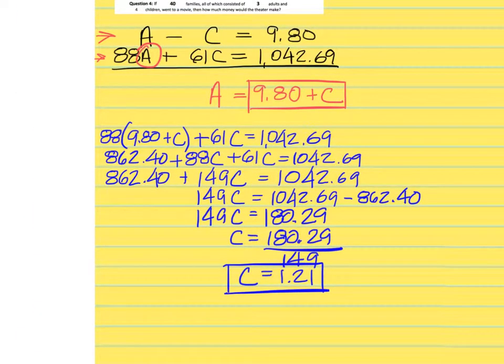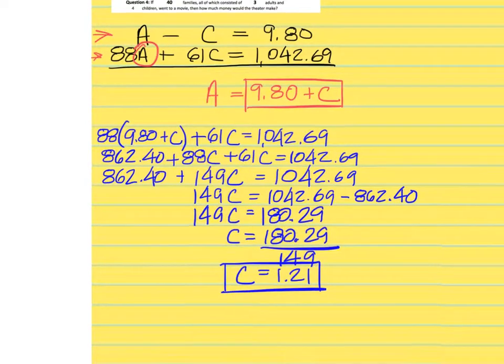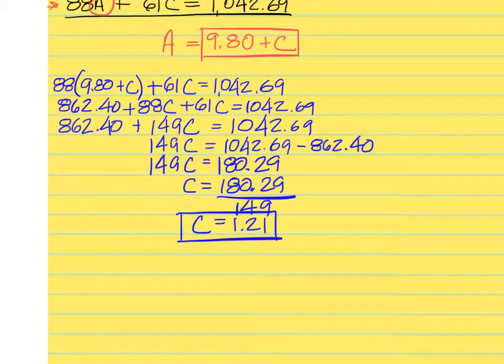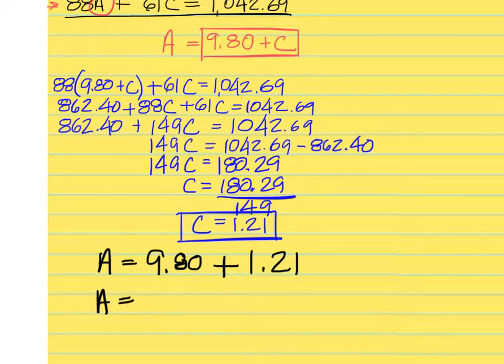You still have to find the adult ticket. And luckily we have an equation that we created right here that we can plug C back into to figure out what that is. So that will be A equals $9.80 plus C, which is $1.21. If you plug that in your calculator, you will come up with $11.01.